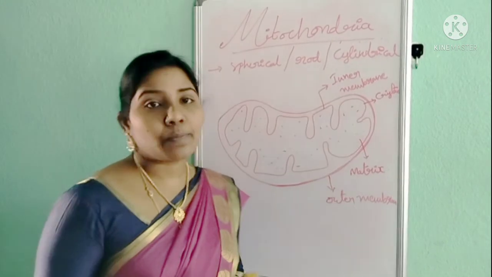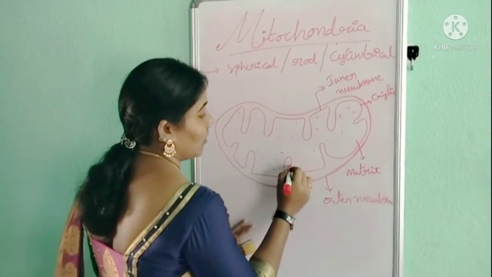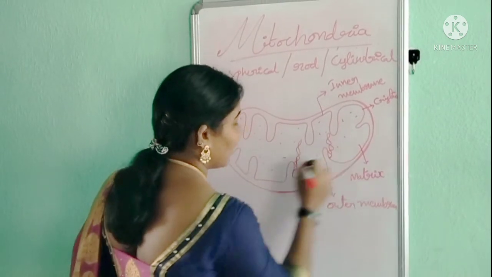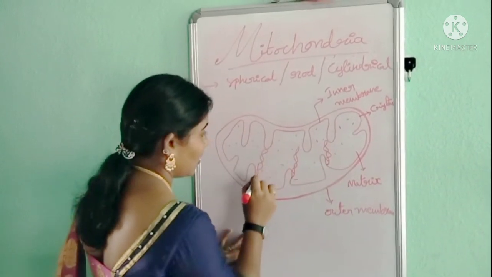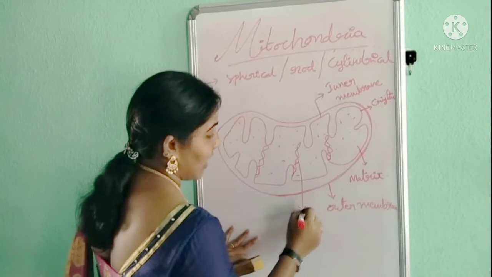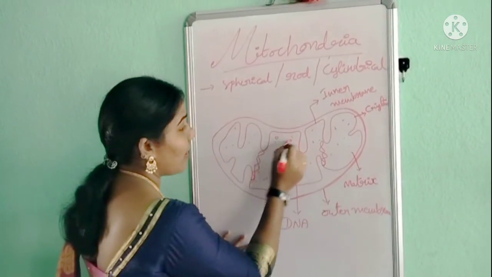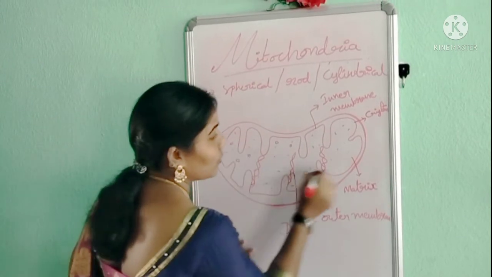And the next part: here we can see the double helix structure. It is called DNA. And the mitochondria have their own ribosomes.